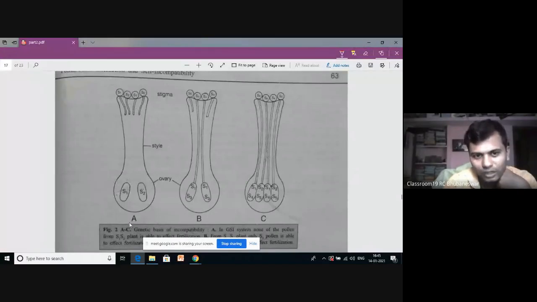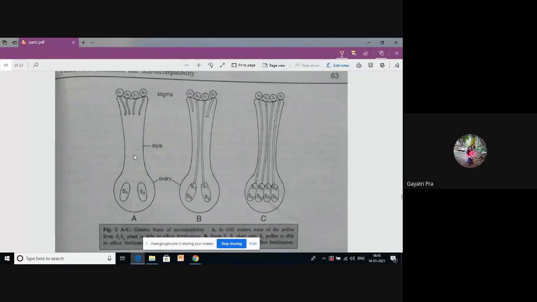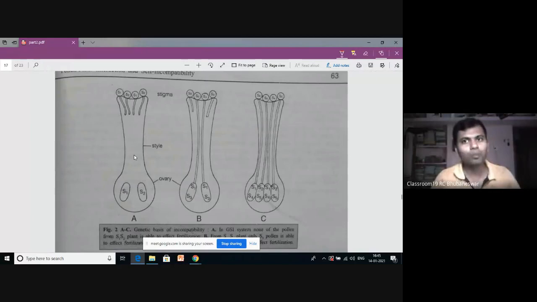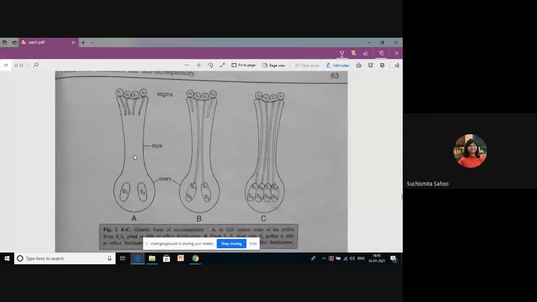The pollen tube will not form, or if it forms, it has limited growth, and no fertilization occurs. Here S1 S2 is present in the ovary, and all the pollen grains have S1 S2. Then will the pollen tube grow? Incompatibility.